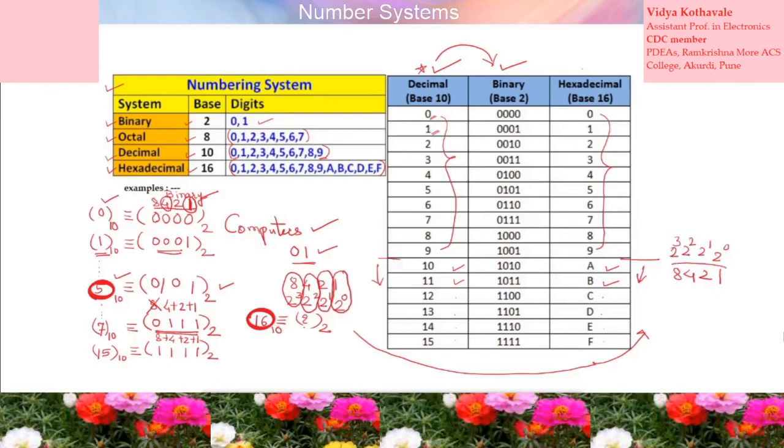We know the addition of 8, 4, 2, 1 gives us a total of 15. Therefore, we move further with 2 raised to 4 this time. 2 raised to 4 is equal to 16.